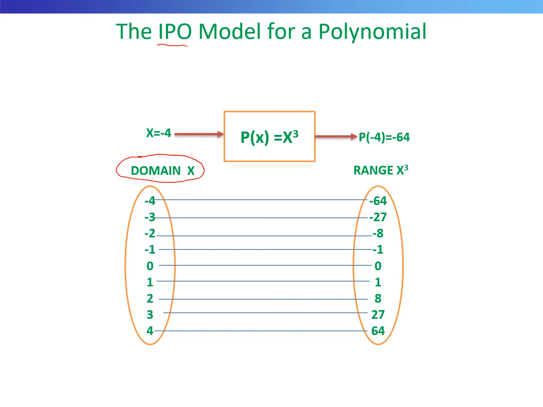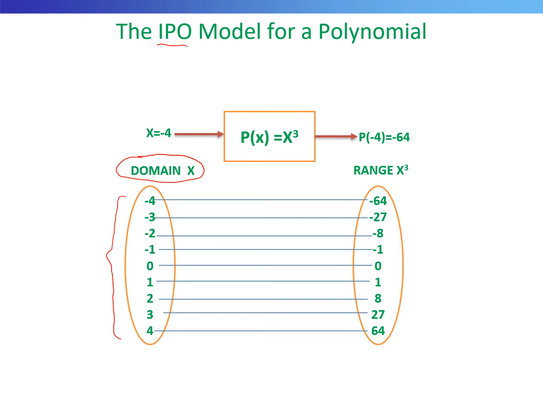And now we have a representation of the domain of the polynomial. We chose the numbers from -4 all the way until +4, and we ordered them in increasing manner.